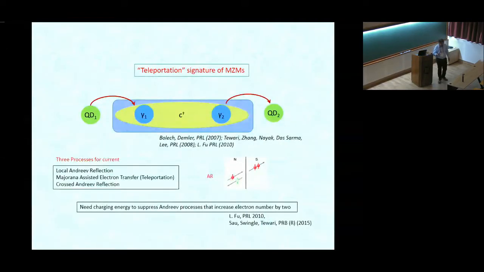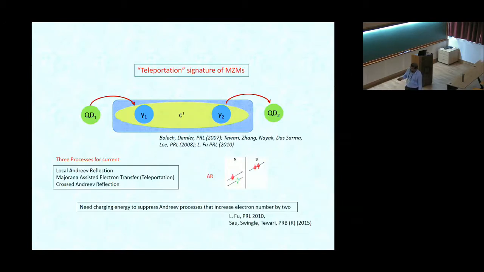All right, so you can use that picture of two spatially separated Majorana zero modes giving you a conventional fermionic state C, C dagger. You can use that picture to devise a thought experiment, where you introduce an electron into the wire from one quantum dot, and it's going to be carried by the C state, which is a conventional fermionic state.